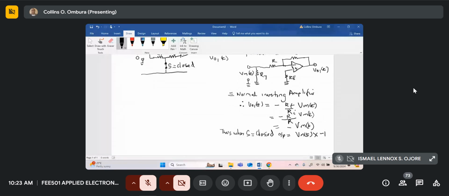So when the switch is closed, or when the input to the gate of our FET is 0, or approximately equal to 0, then the switch is closed, and the output is the input times -1. Now let's consider case 2, when the FET is off.